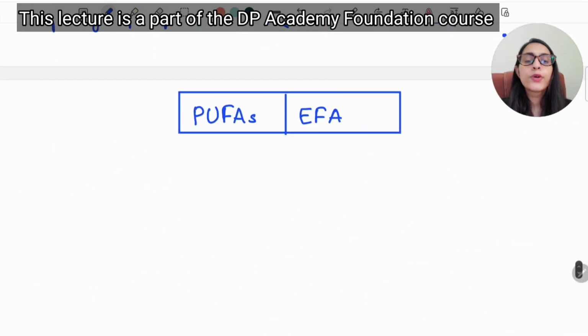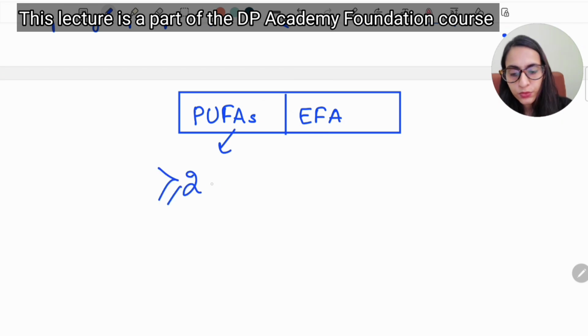Coming to polyunsaturated fatty acids, these have 2 or more double bonds. Since these polyunsaturated fatty acids are essential in the diet, they are known as essential fatty acids.